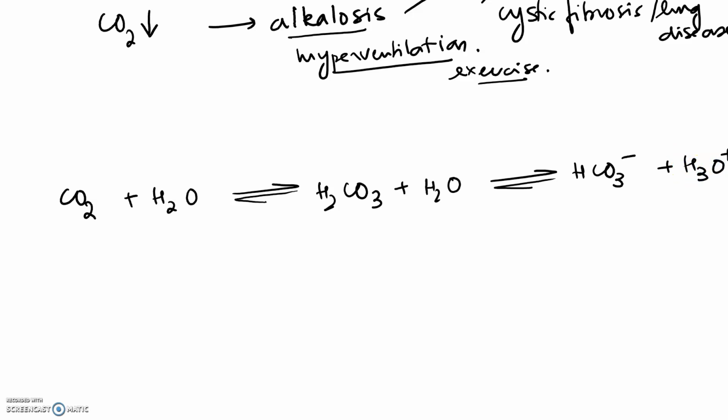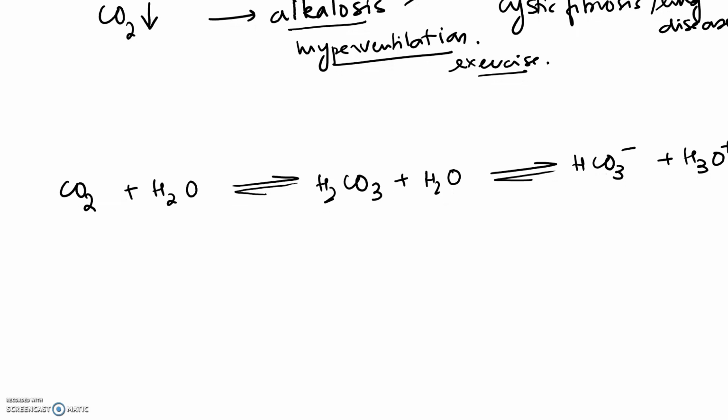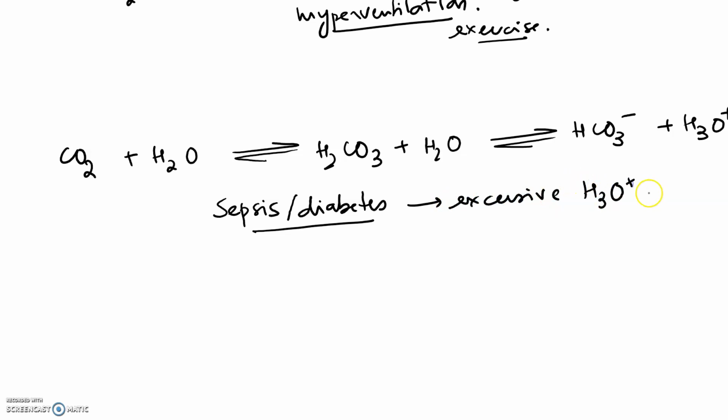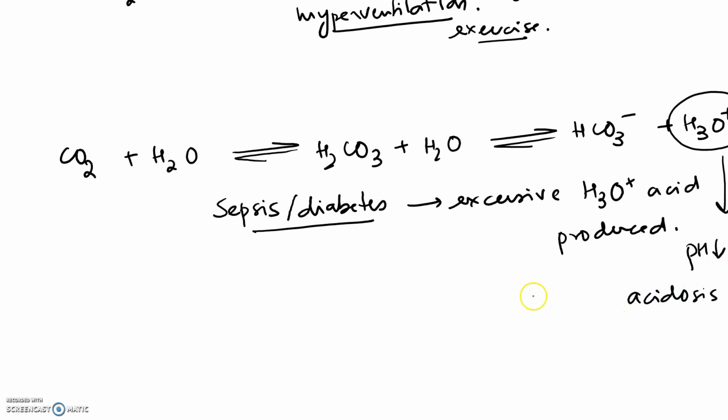A lot of times when you eat a lot of acidic food, or due to some problem in your body, something like sepsis setting in, or if you're suffering from diabetes, excessive acid is produced. When excessive acid is produced, the pH goes down. As a result, you have acidosis.